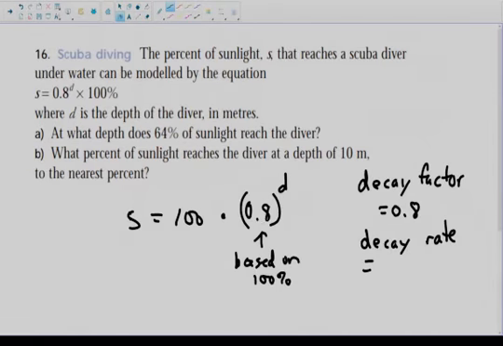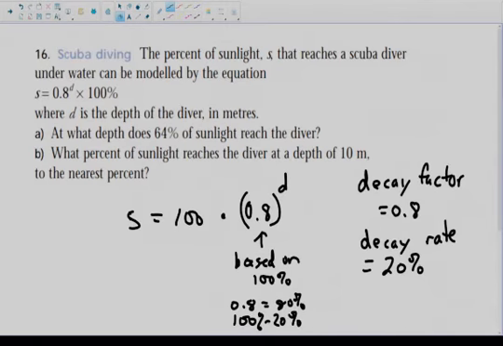So how did I get 0.8 from 100%? Well, what percentage would 0.8 be? 0.8 is 80%. Well, if I started with 100, how much did I lose? I lost 20% to get to 80%. So my decay rate is 20%.